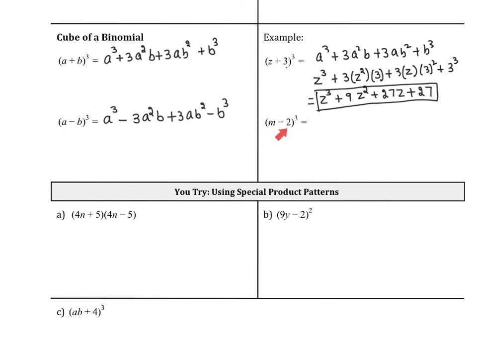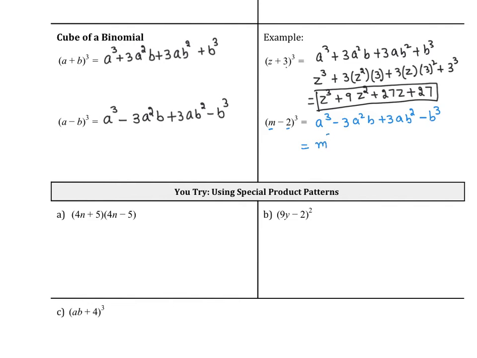For this question, I'm going to use this formula that is for negative. So rewrite this formula: a cubed minus 3a square b plus 3ab square minus b cube, where I have a as m. So this is my a, this is my b.